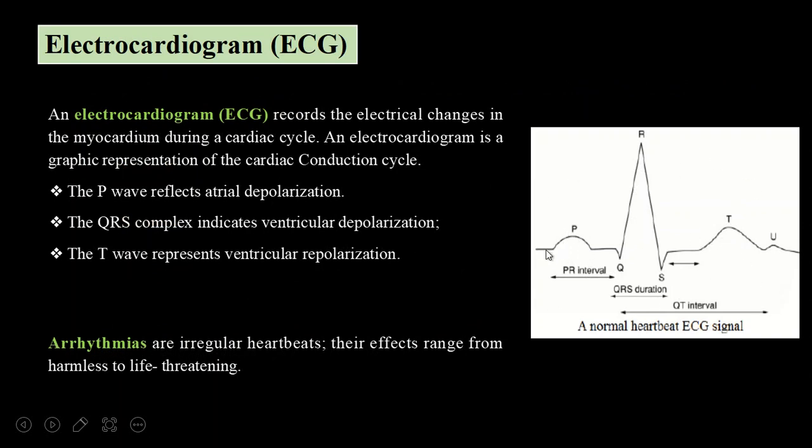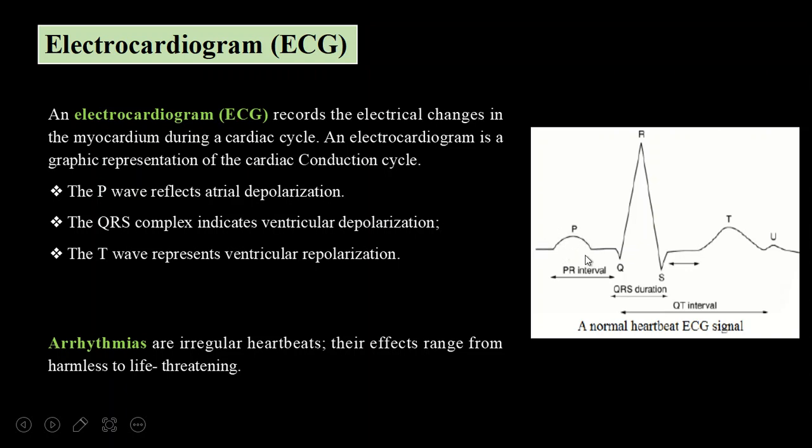The P wave reflects atrial depolarization, when the atria depolarize. And then the QRS is when the ventricles depolarize. What happens when the atria depolarize?